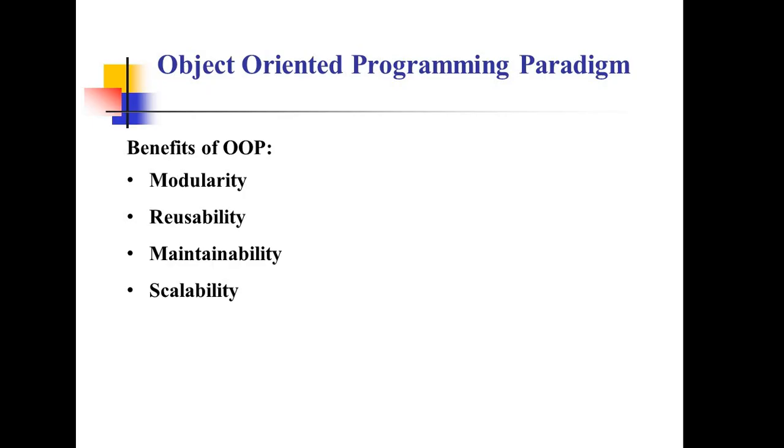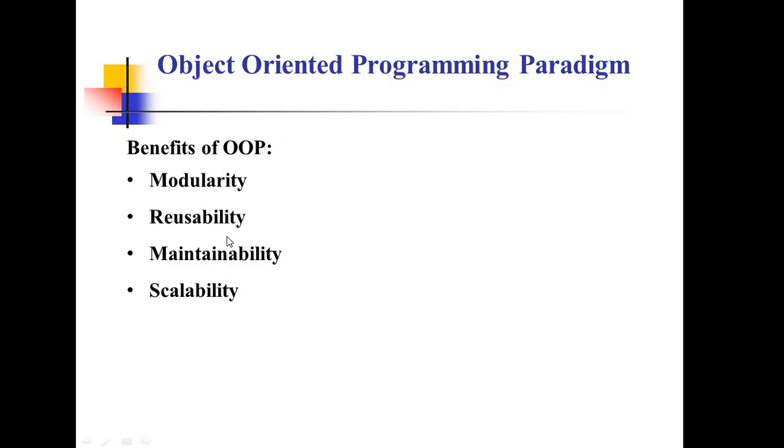Next are the benefits of the object oriented programming paradigm. First one is modularity. In object oriented programming, code is organized into classes and objects, making it easier to manage. Next one is reusability. Classes can be reused across different programs and inheritance allows for the reuse of existing functionality.